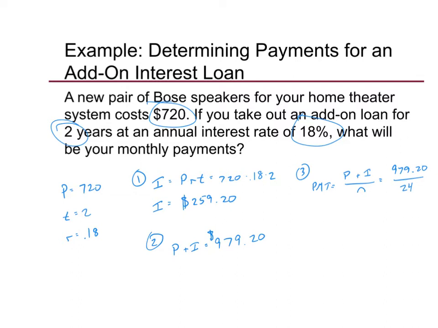So we take that 979, divide by 24, and we find that our monthly payment is $40.80. So $40 a month, and we're paying $259 extra in interest to have this kind of loan. You can think of it as a loan or credit card payments, but that's how this first type of loan works.